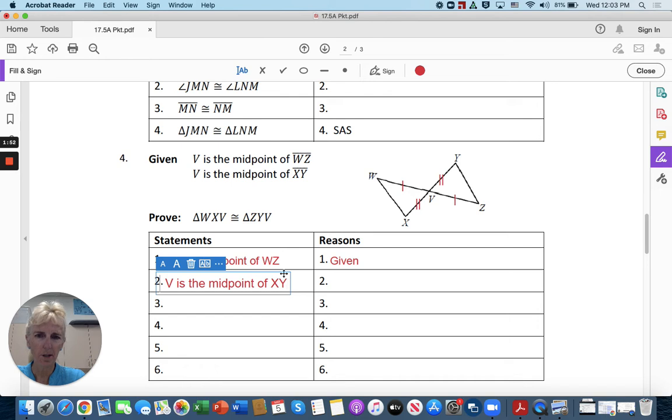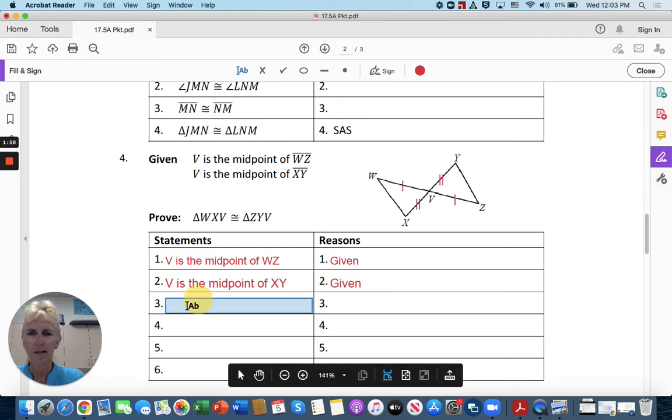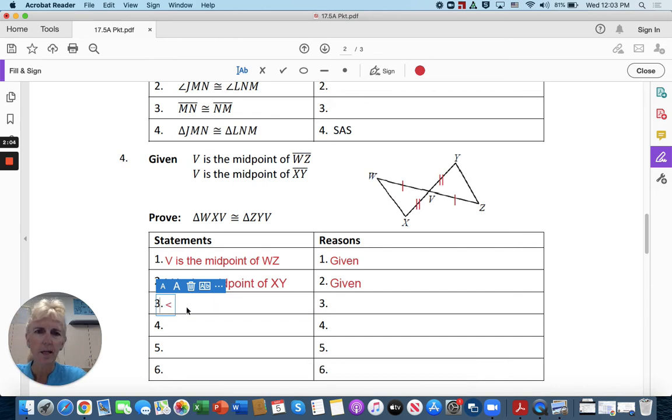And again, put bars over these, and that is a given, which I've already marked both of those in there. Now, we also know that angle, and you can do your angle sign, WVX is congruent to angle ZVY.